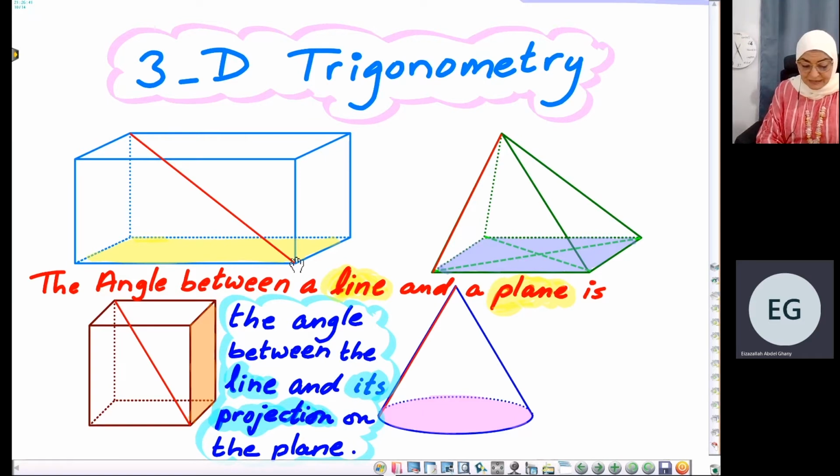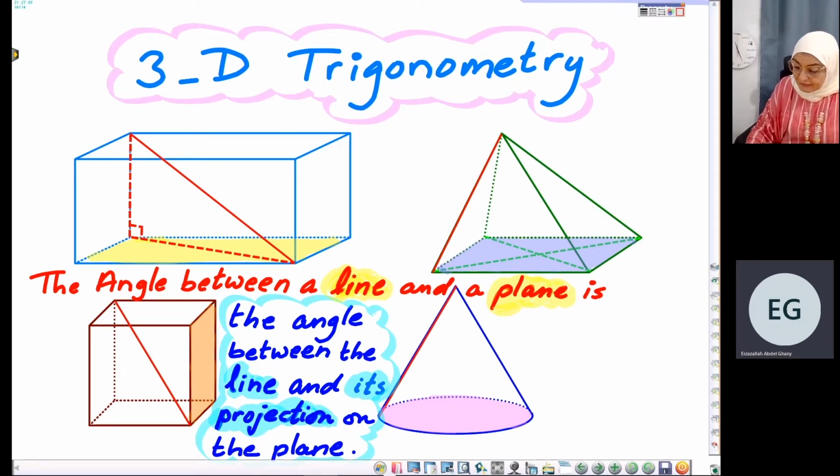One of the ends is fixed at the plane, and the other end is free. So, how to find the angle? From the free end, you drop a perpendicular to the plane, then join to the fixed end. Usually, the perpendicular is one of the edges of the cuboid.